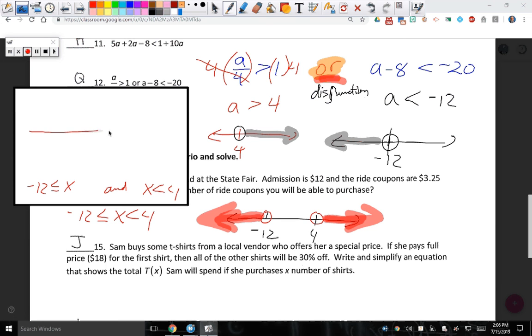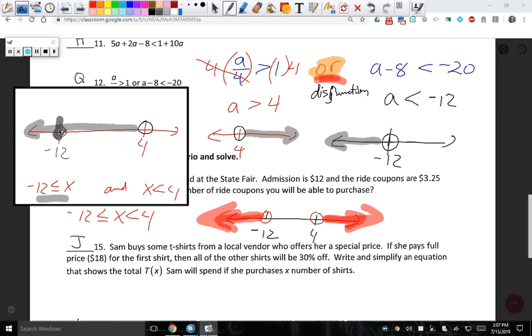So if you were to draw this out, let's do X is less than 4. It would look like this. And you would shade everything to the left. Okay? This is just for one piece of it. This one's over here saying X is greater than or equal to negative 12. So you would go to negative 12, and first of all, open or closed? Closed.